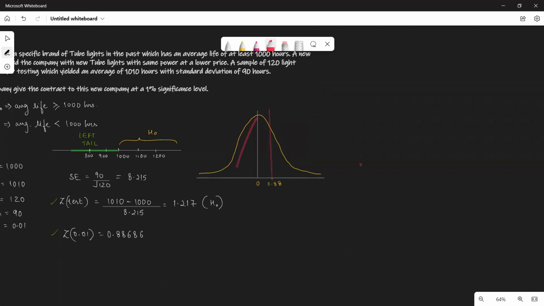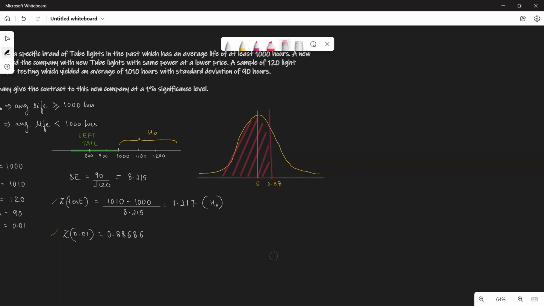That means this entire part of your graph is inside the rejection region. And what is the value that we have calculated? It is 1.21. So is it lying inside the rejection region? No, it's outside, after 0.88.